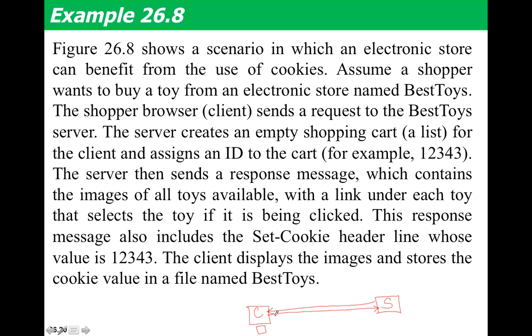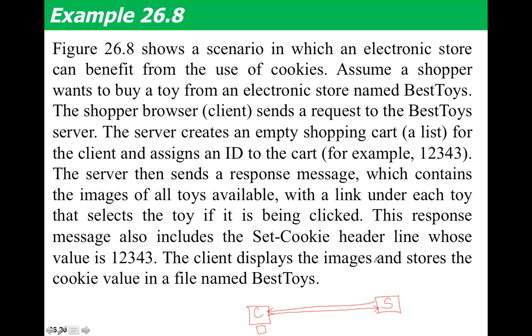So the next time when the client accesses the same website server again, the server now knows, based on the cookie, that this client is not a new client. It is an existing client. The client had visited the website before.